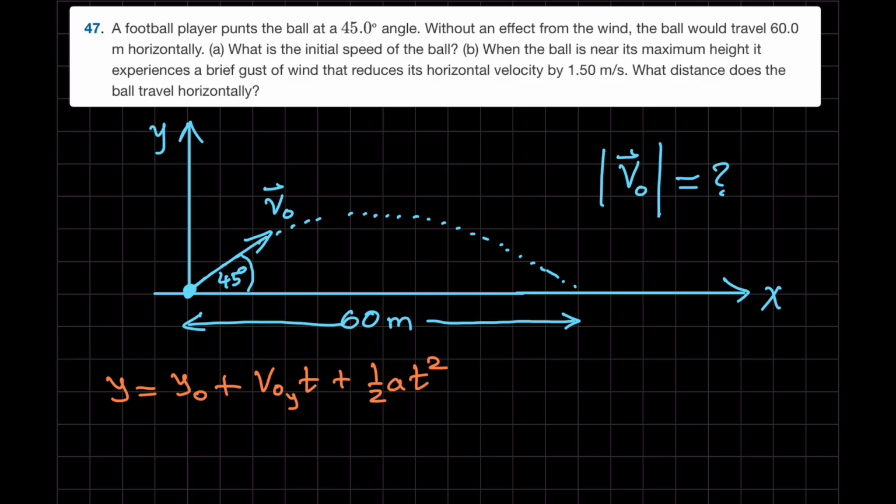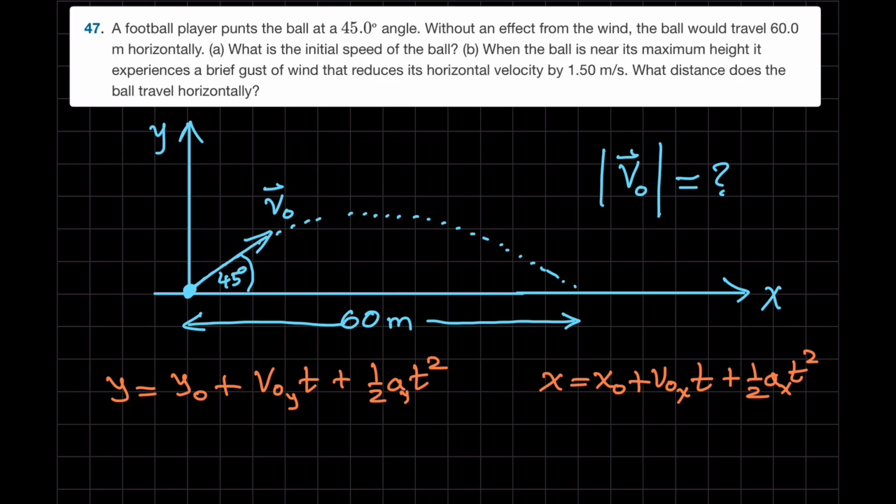And we can also do the same thing with the x, right? So the x final position is equal to the x initial position plus the initial velocity in the x direction times time plus 1/2 at squared. And so we can specify the accelerations in the y direction, the accelerations in the x direction, right?